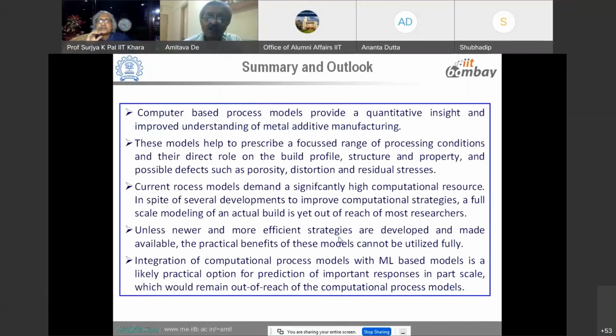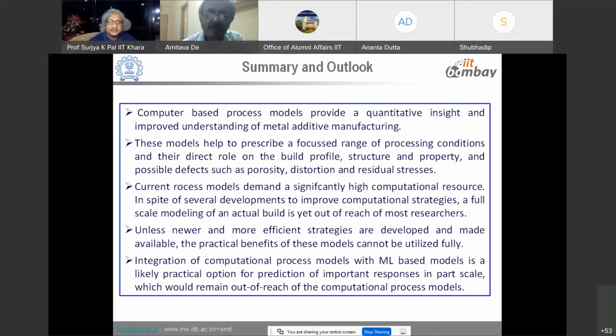So I would like to finish with this, that computer-based process models are excellent to provide quantitative insight and much improved understanding, which are often very difficult to get through experiments of metal additive manufacturing.